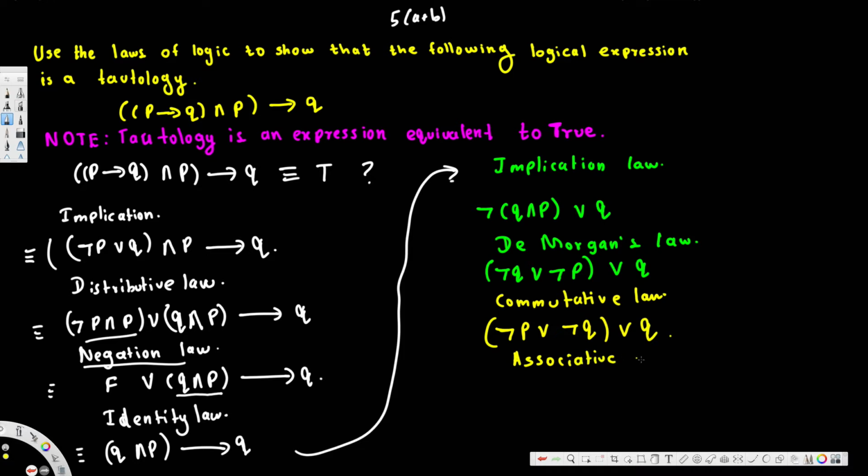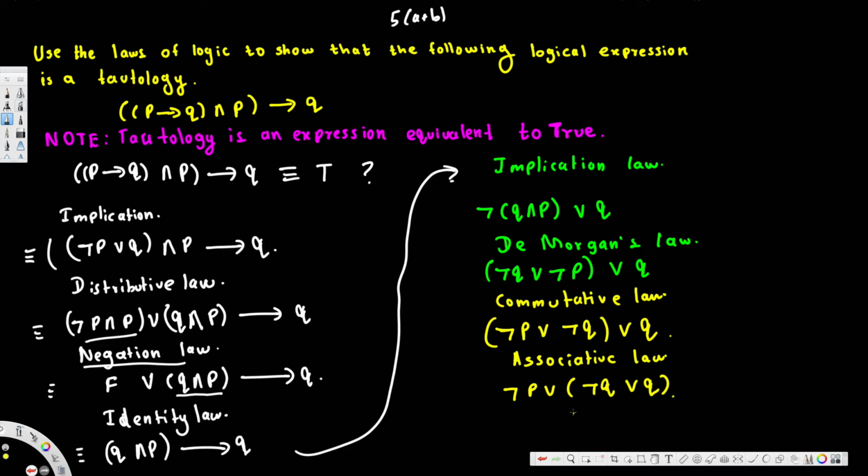Associative law says you can just change the bracket. If you have a bracket, or Q, you can get rid of this bracket and put the bracket on this one. In that way we will have not P or (not Q or Q).